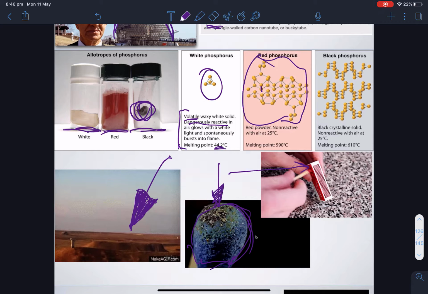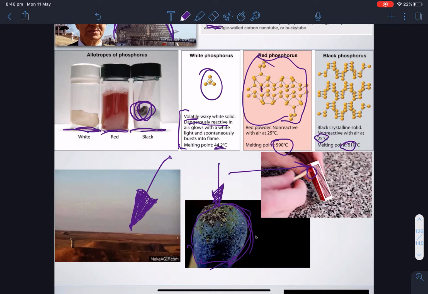It's non-reactive with air at 25 degrees, but you can get it to react with a bit of friction, a little bit of a spark, a little bit of heat. It has a higher melting point, 590. And you've also got this black phosphorus. It's a crystalline solid. It's also non-reactive at 25 degrees Celsius, and it has roughly the same melting point as red phosphorus.